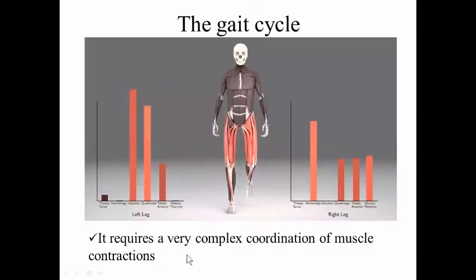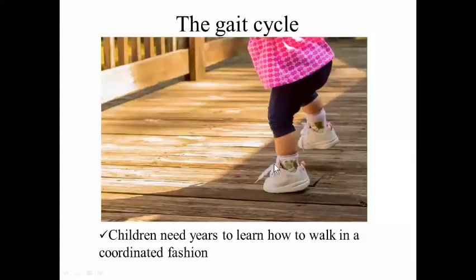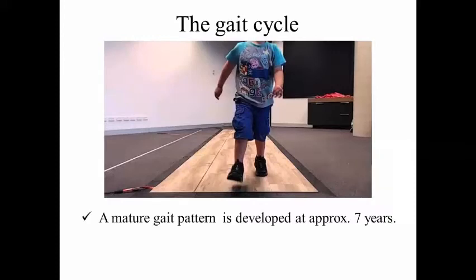The gait cycle requires a very complex coordination of muscle contractions, the coordination of muscles with the proximal and distal muscles and the muscles of the other side. When we are children, we need years to learn how to walk in a coordinated fashion. But when we mature, we can develop the gait pattern by about 7 years approximately.